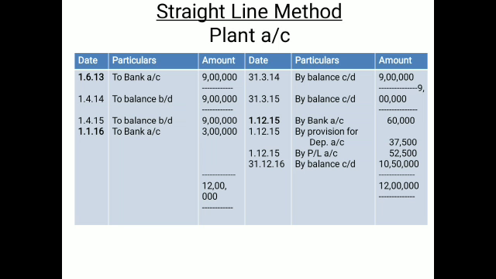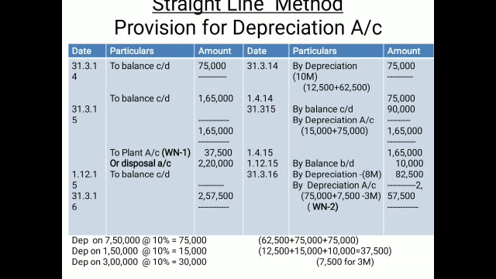So how will you calculate this? I am moving year by year now. The first entry is plant purchase, that is to bank with 9 lakh. Now I am moving to the depreciation. Provision for depreciation: the depreciation will be shown here with the entry of depreciation to the provision for depreciation. That's why for the time period of 10 months on 9 lakh, the depreciation is 75,000.